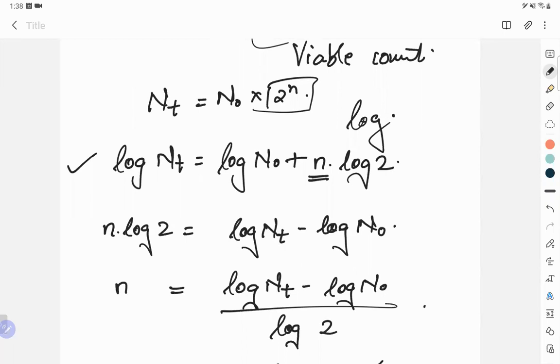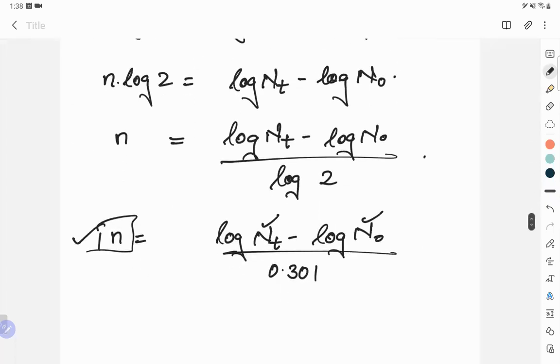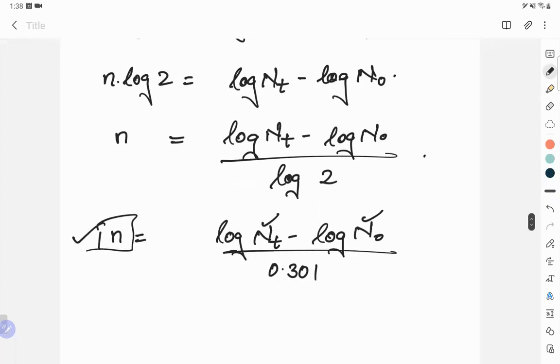Further simplifying, n into log 2 is equal to log of NT minus log of N0, and small n is equal to log of NT minus log of N0 by log 2. The value of log 2 is 0.301. So small n, the number of generations, is equal to log of NT minus log of N0 upon 0.301.